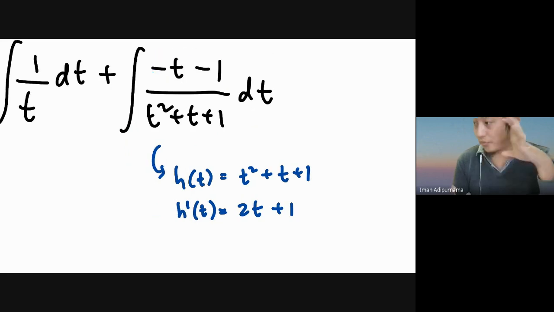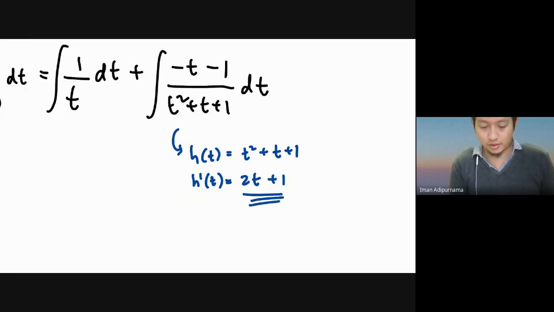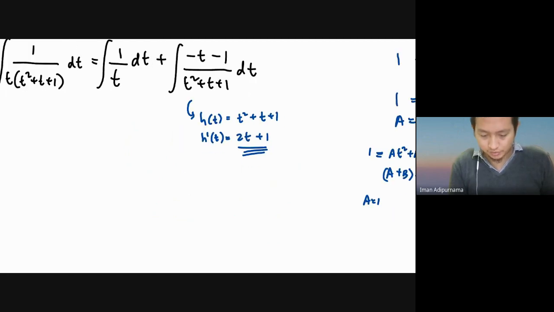So we are going to force the equations to be 2t plus 1. So we need to multiply or maybe separate the equations. Okay, so what we are going to do is we write first 2t plus 1 in terms of this integral.